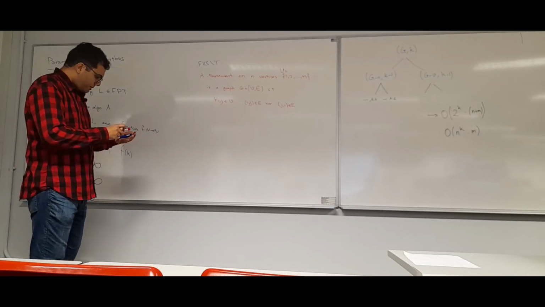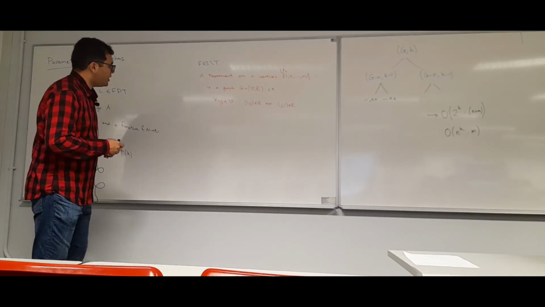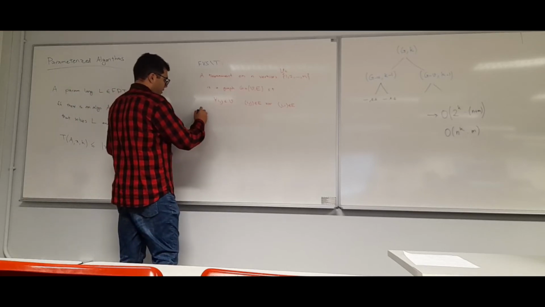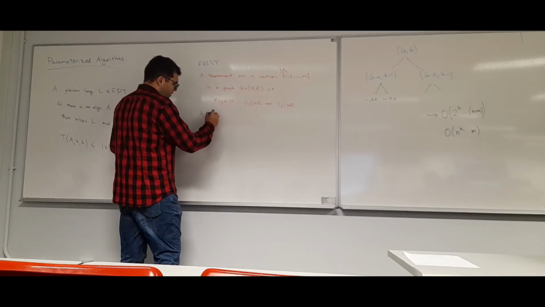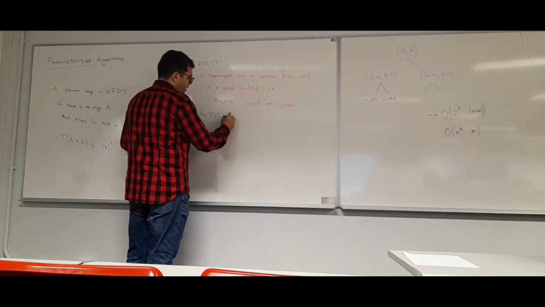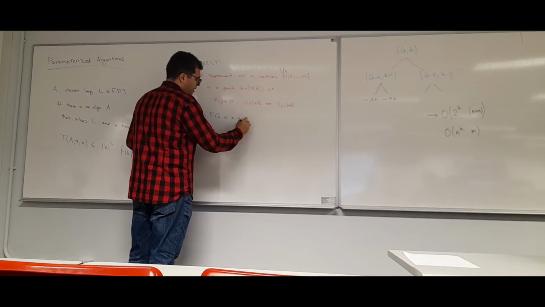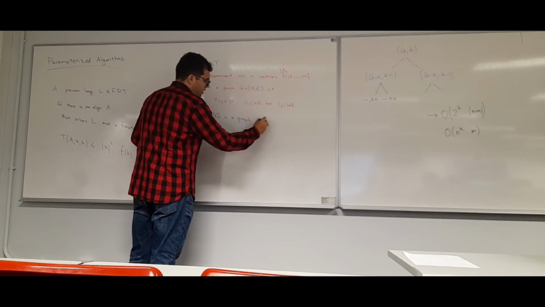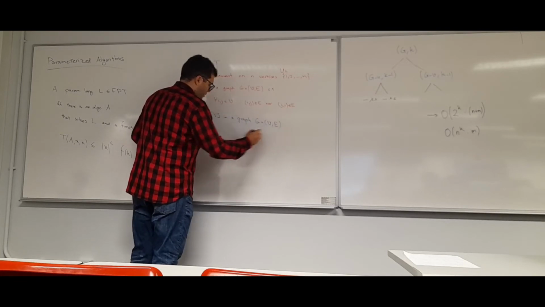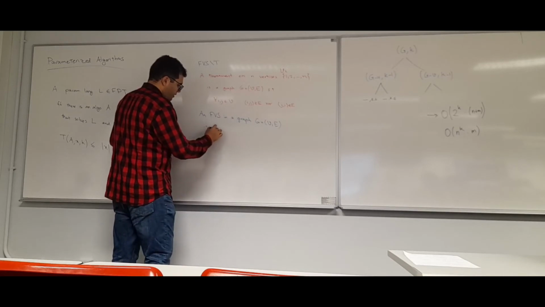So this is a tournament. Now, what is a feedback vertex set? A feedback vertex set, or I just write FVS, in a graph G is just a set of vertices.